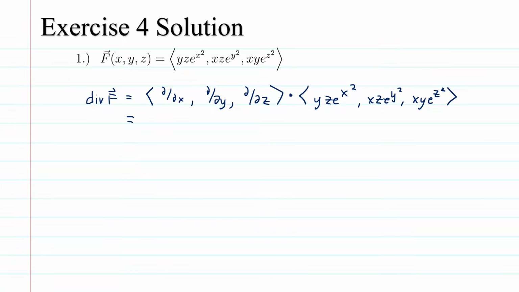That's yz e raised to x squared times 2x, chain rule, plus the derivative of the second component with respect to y, which is 2xyz e to the y squared, plus the derivative of the third component with respect to z. So that is 2xyz e to the z squared.